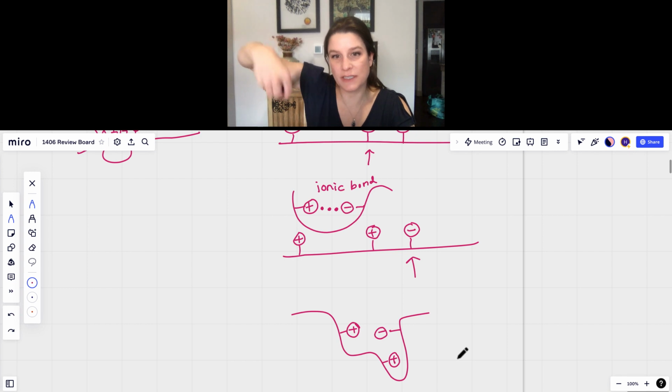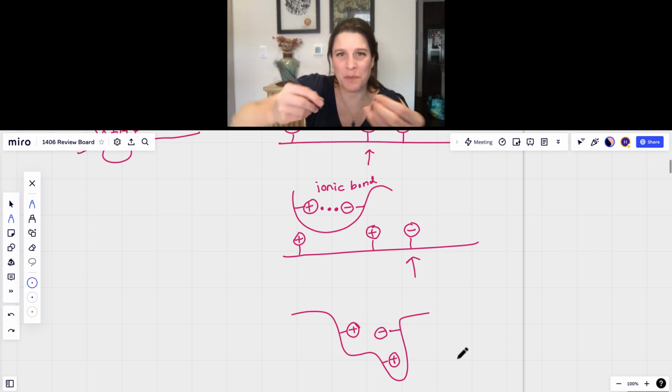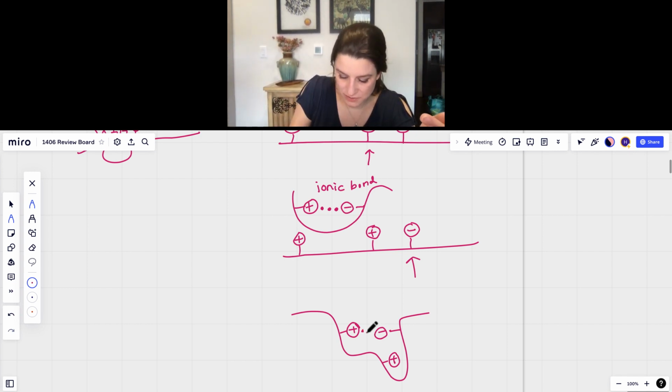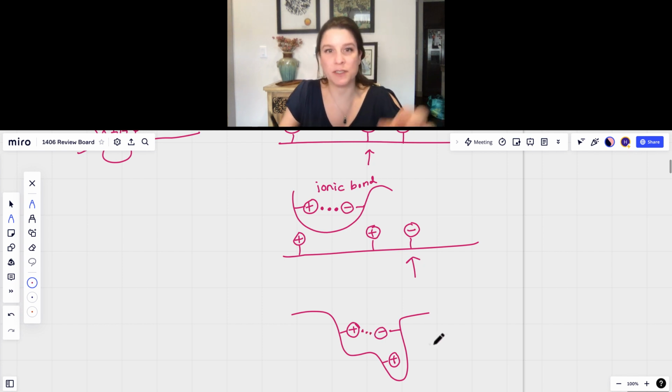And the positive is actually down further because it's repelling that other positive. This is just a made up scenario, but there's our ionic bond. So you see the fold is happening differently. So we end up getting different folding, which we know means different function.